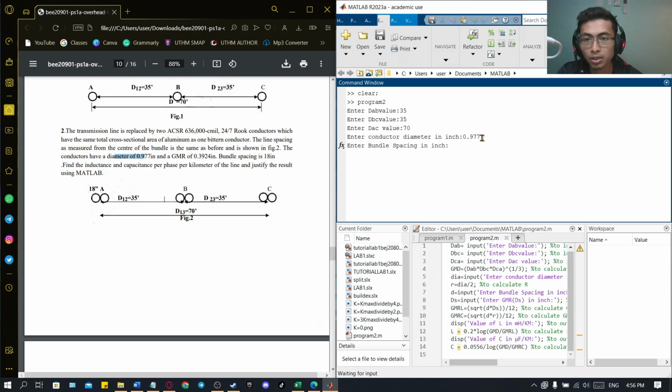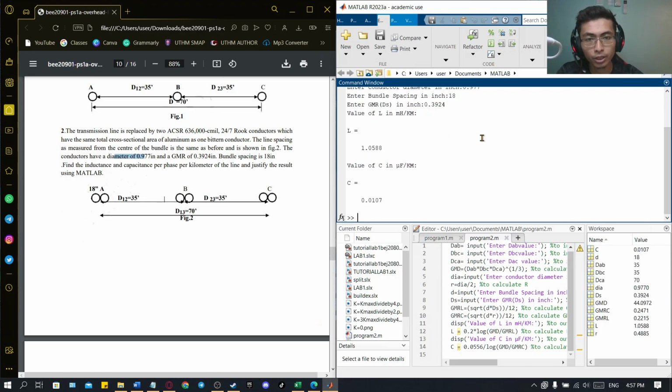The bundle spacing is stated as 18 inches, and the GMR, geometric mean radius, is already stated here as 0.2924 inches.